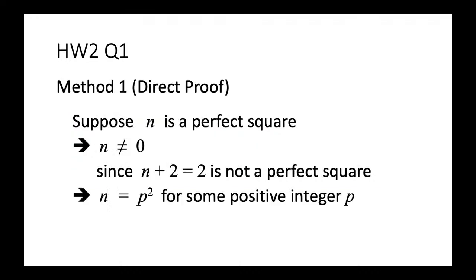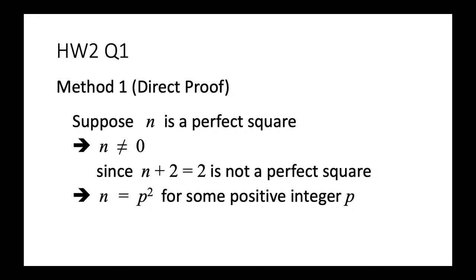First of all, suppose that n is a perfect square. At this point, we can see that n cannot be equal to 0, because n plus 2 in this case would be equal to 2, and 2 is not a perfect square. So we can rule out the case that n is equal to 0. We will consider all the cases where n is greater than 0.